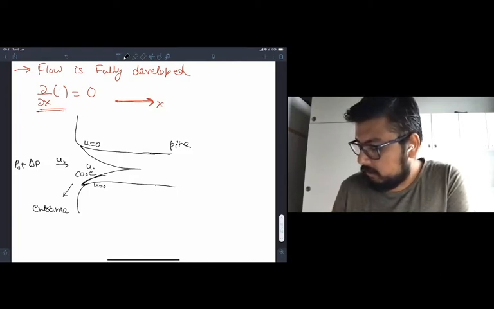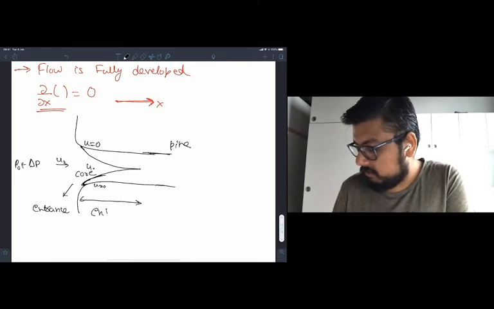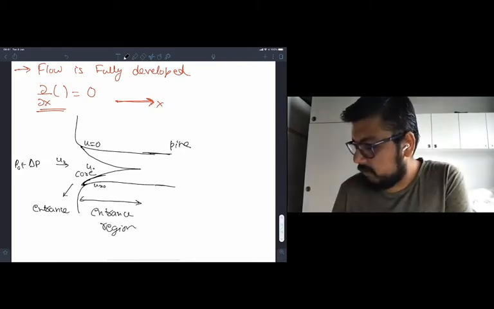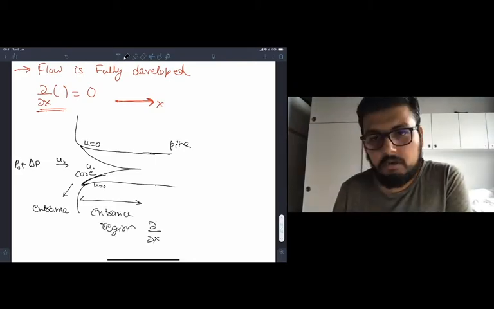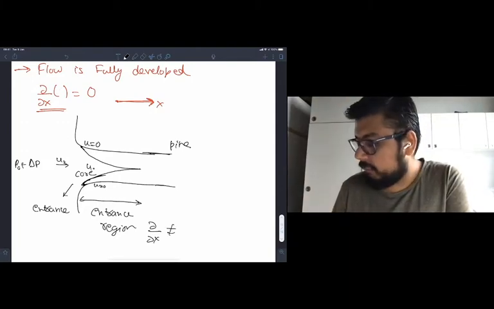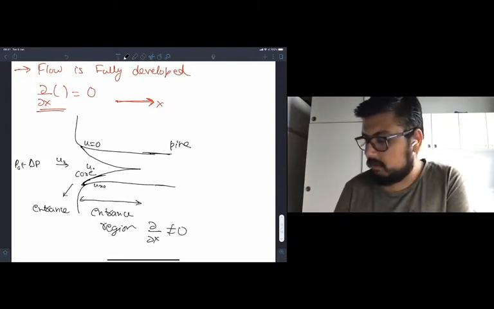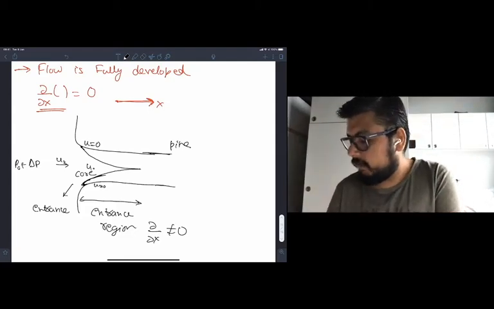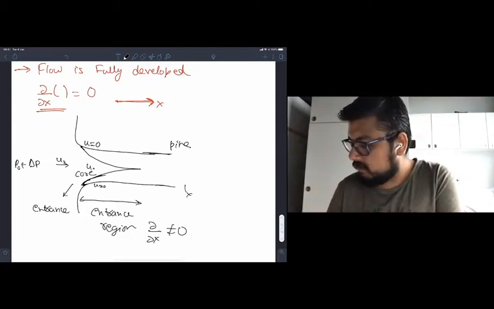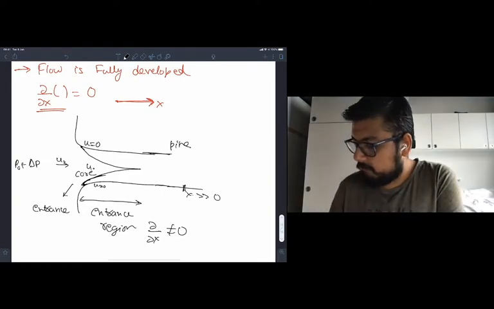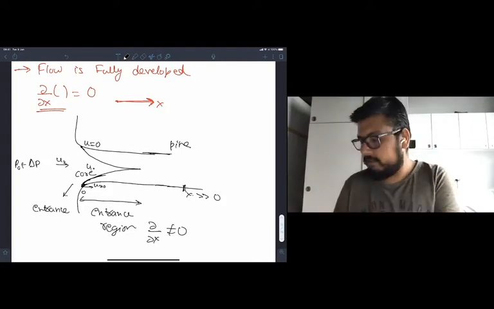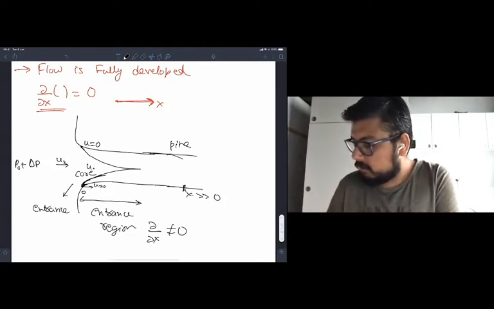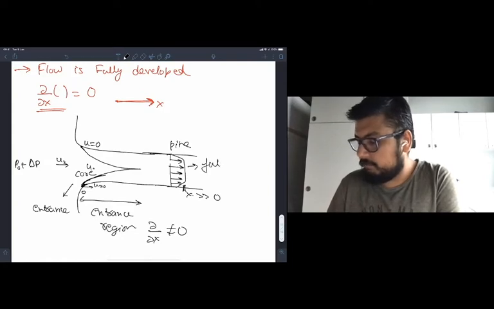And what we get is then an entrance region where del by del x of the quantities will not be 0. So in this region, the assumption of a fully developed flow is invalid. And only at a distance x, which is far away from the entrance, from the starting point, we will get a situation where the flow is fully developed.